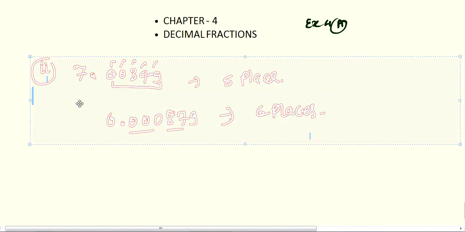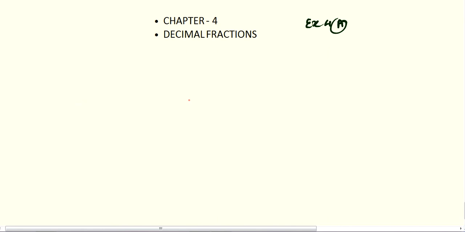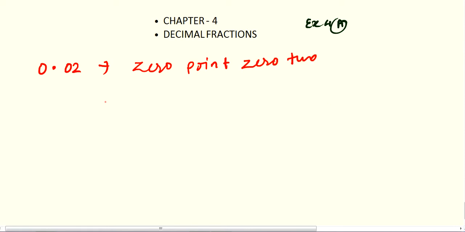Then question number 4. Write the decimals as word statements. It's very easy. How can you write this? I am solving here the third one. 0.02. Then next one is 0.56.